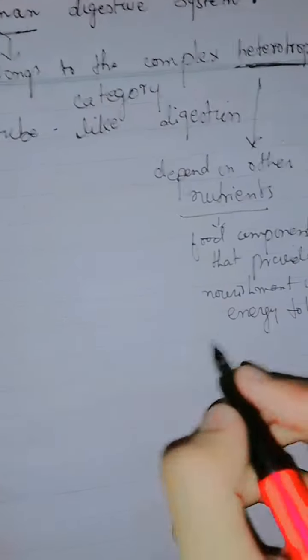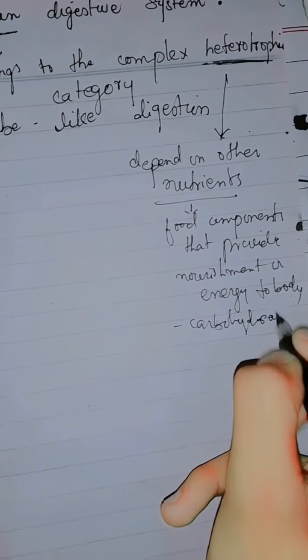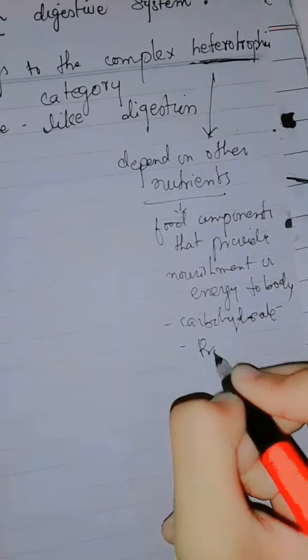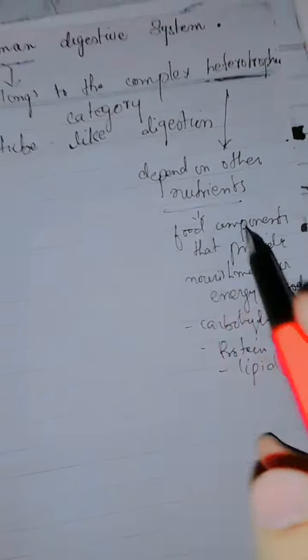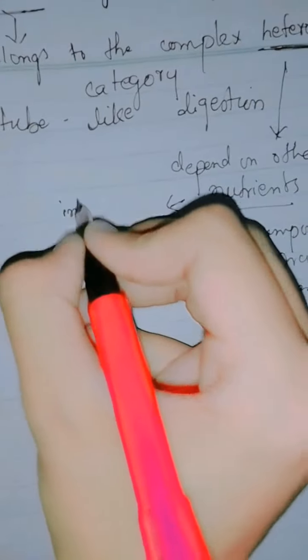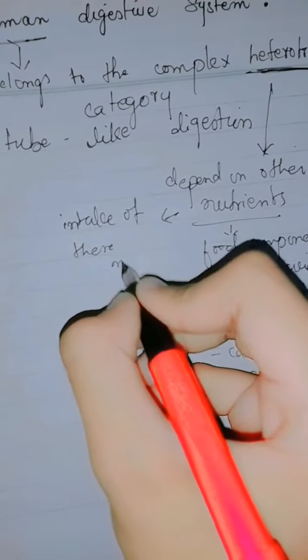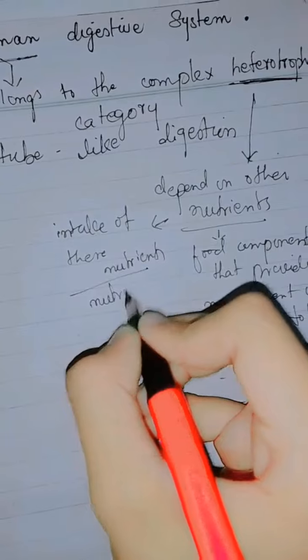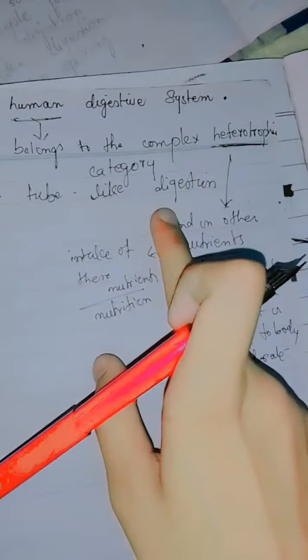For example, we have carbohydrate, protein, lipid. These all are nutrients, and intake of these nutrients is known as nutrition. So basically we are in the complex heterotrophic category.